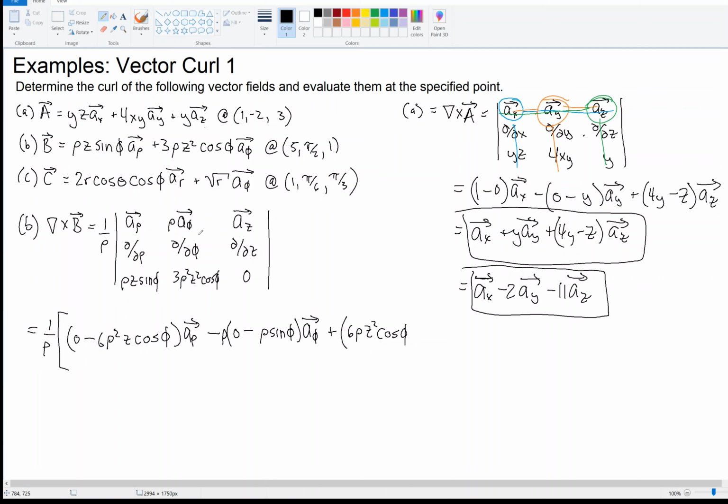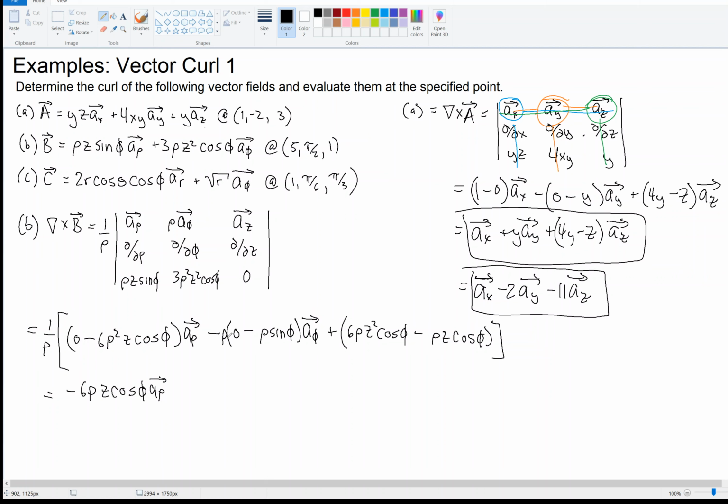And then I have minus the d d phi operator operating on this thing, so I pick up this cosine. So this is rho z cosine phi. Okay, so now I carry through this 1 over rho, so that this makes negative 6 rho z cosine phi in the rho direction.